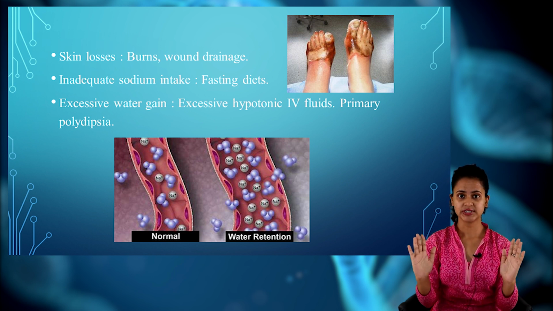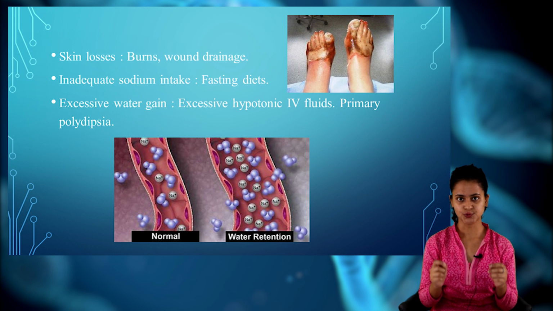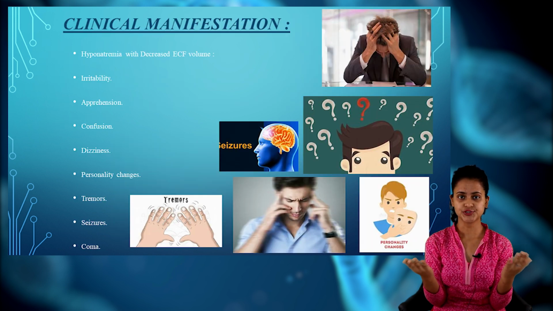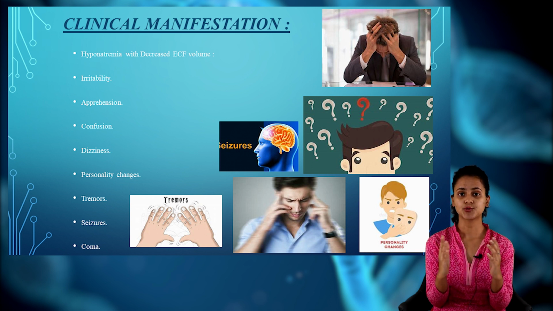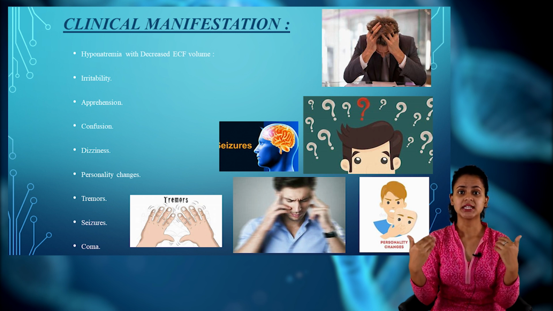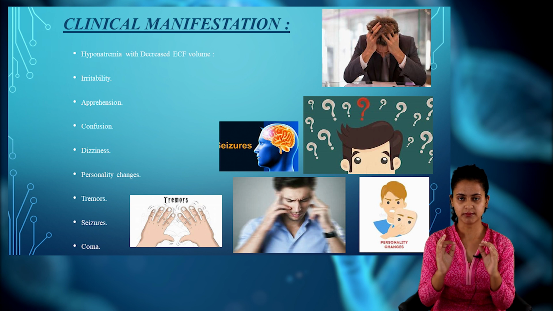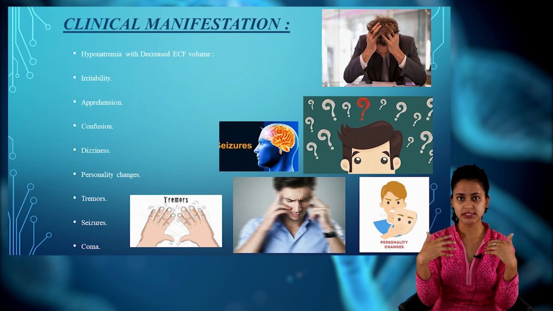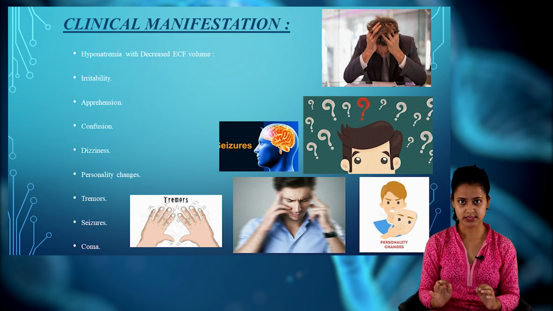So as we have learned the basic and common causes, now we should learn regarding the clinical manifestations related to hyponatremia. First we are going to see the common features of hyponatremia, where a decreased amount of sodium is present. Often the client will present with irritability and apprehension.